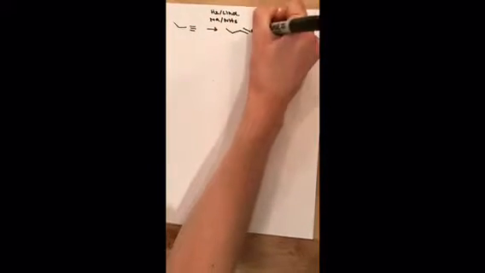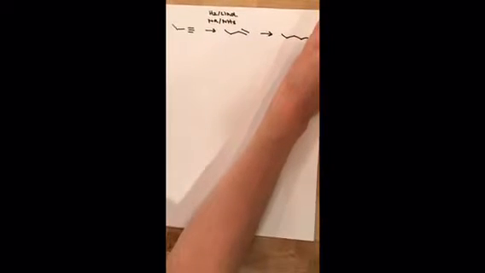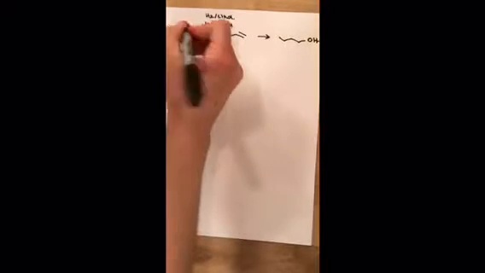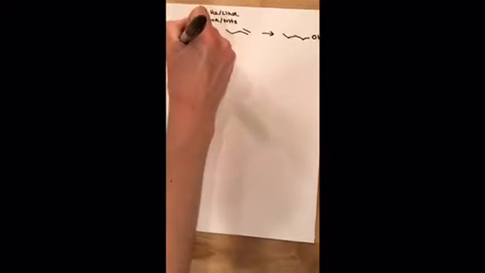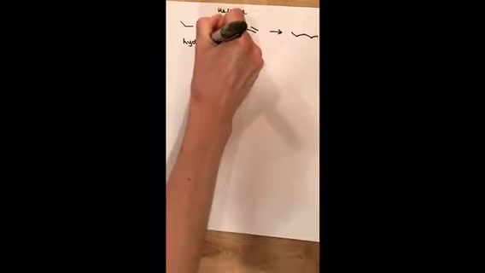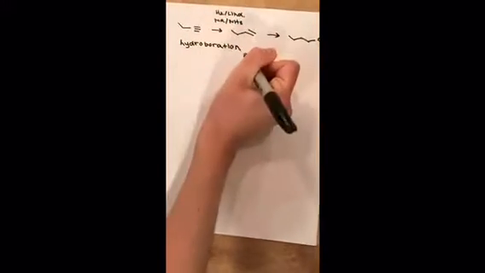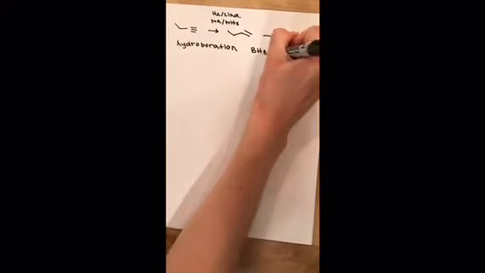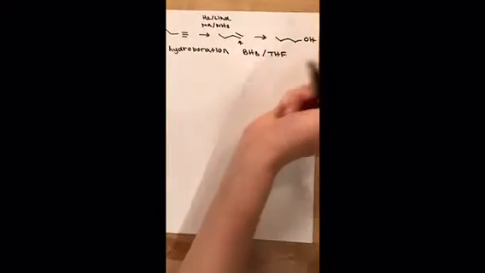So now we must make this alkene into a primary alcohol. In this step, it's necessary to use hydroboration of an alkene. Hydroboration is carried out using BH3 and THF on an alkene.